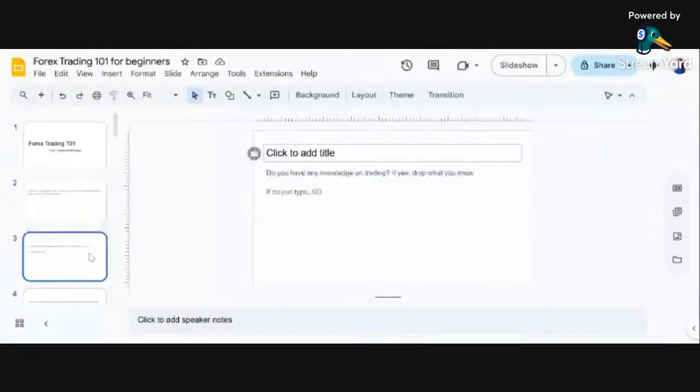Do you have any knowledge of trading? If you have a simple knowledge of trading, just drop whatever you know, even if it's the littlest knowledge or what you have heard about forex trading, in the comment section. And if you don't have any knowledge in forex trading, you can just type no, so that we will know where we stand as I progress.